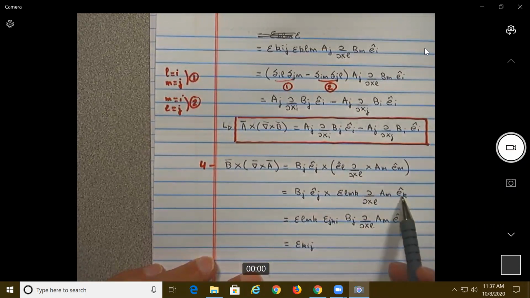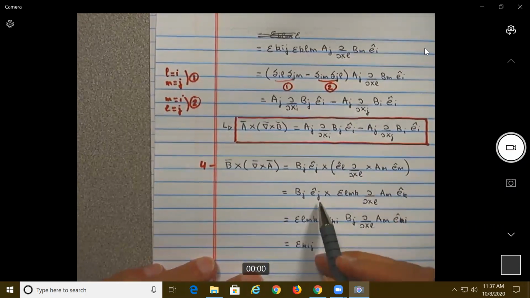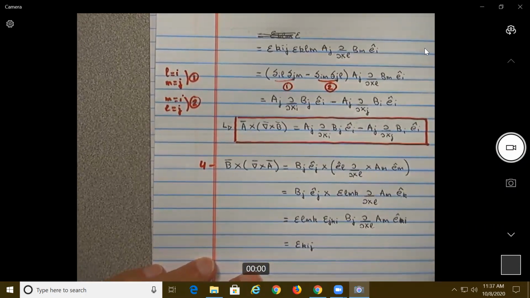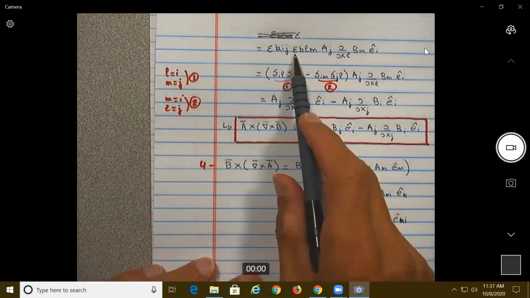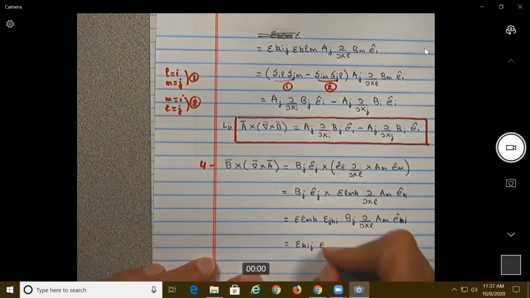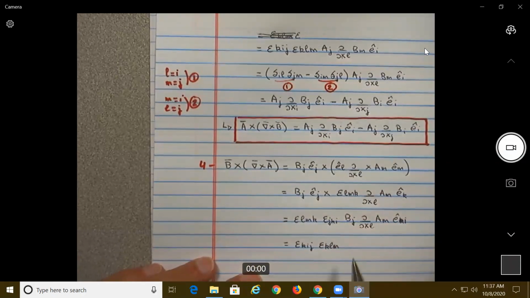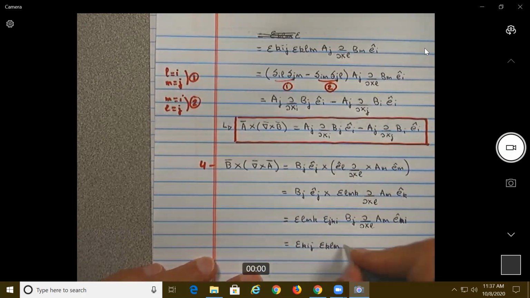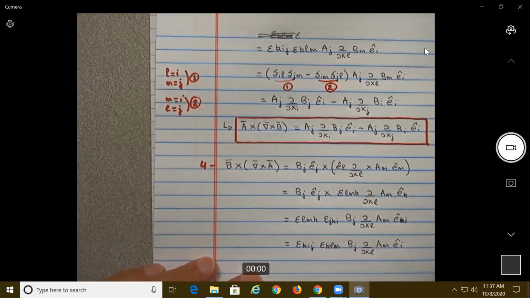This one? No. Oh yeah, it's EI, correct. Because the EJ cross EK becomes EI. So epsilon Kij, I'm just putting here so we have the same notation. Epsilon K LM. Okay, doesn't change the sign because both still go clockwise, no? All right. Of B sub J partial of XL A sub M E of I.